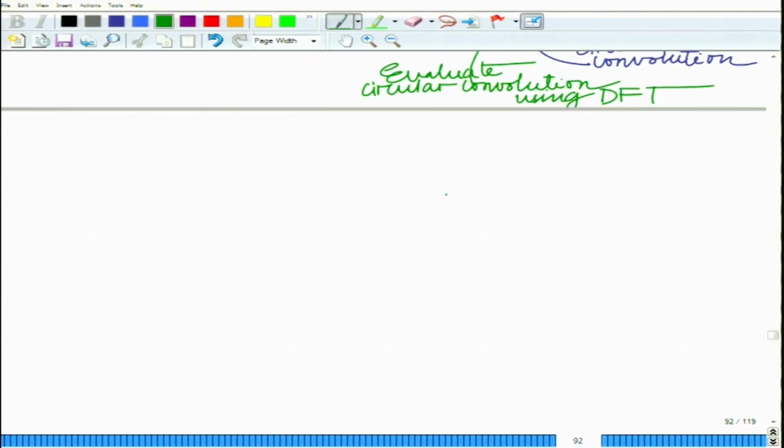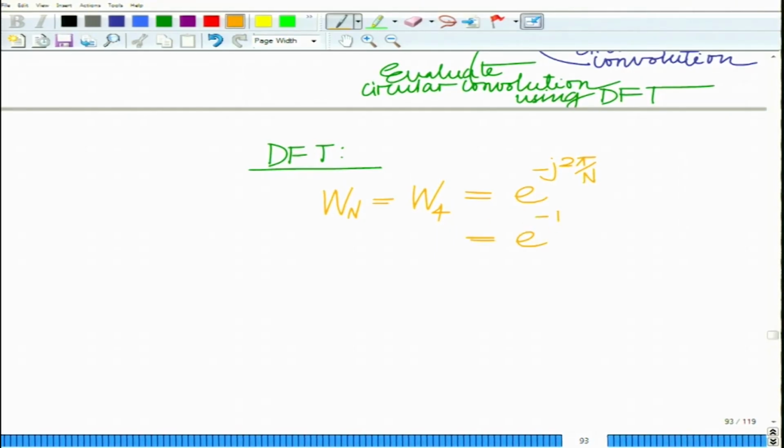And what we have is, now the DFT can be evaluated as follows. If you want to use the DFT, realize that we need this factor W_N, which is in fact W_4, which is e raised to minus j 2 pi divided by N, which is e raised to minus j 2 pi divided by 4, which is e raised to minus j pi by 2, which is equal to minus j, okay.